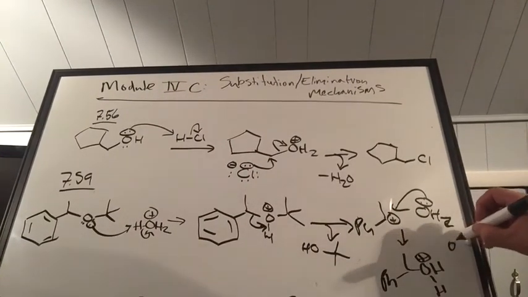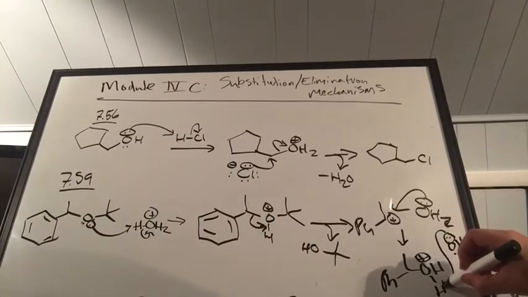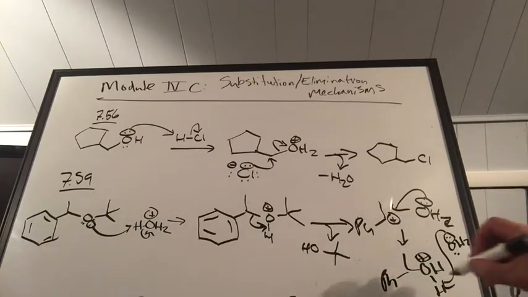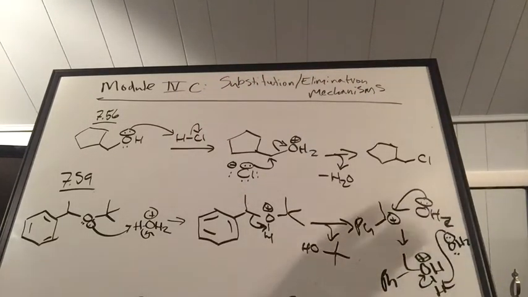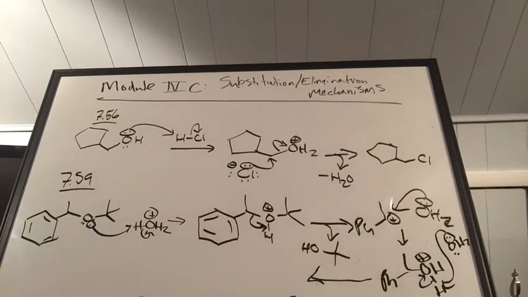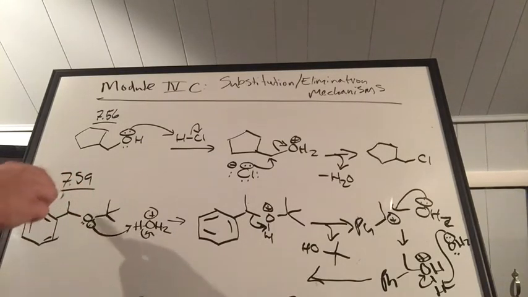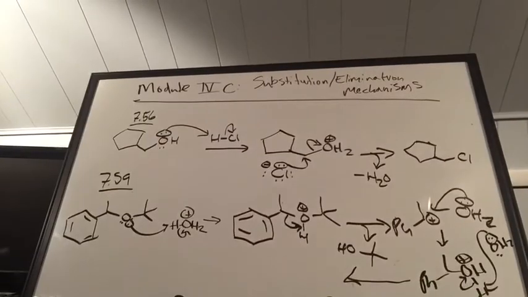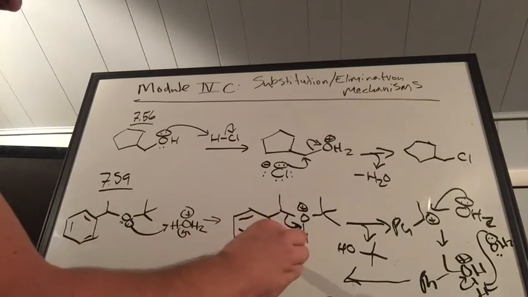So if another water is around to pick that off, right? Because remember that water, if it's going to be H3O like that, there's going to be an abundance of water as well that's going to be around. So it's going to be the solvent. So now you're just going to have what is referred to as a hydrolyzed product. So you're stripping off that ether from this bond here, and I'm replacing it with a hydroxyl group.